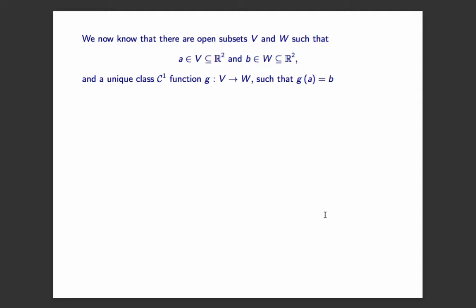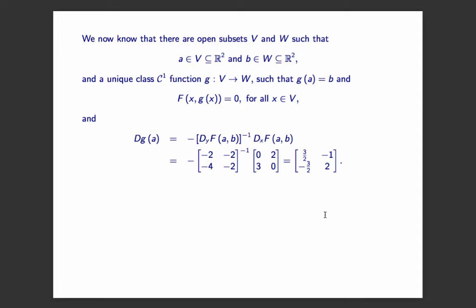In other words, G(a) equals b. Furthermore, we can say G is implicitly defined by the equation f(x, y) equals 0. In other words, y equals G(x) satisfies f(x, y) equal to 0 for all x in this open set V.